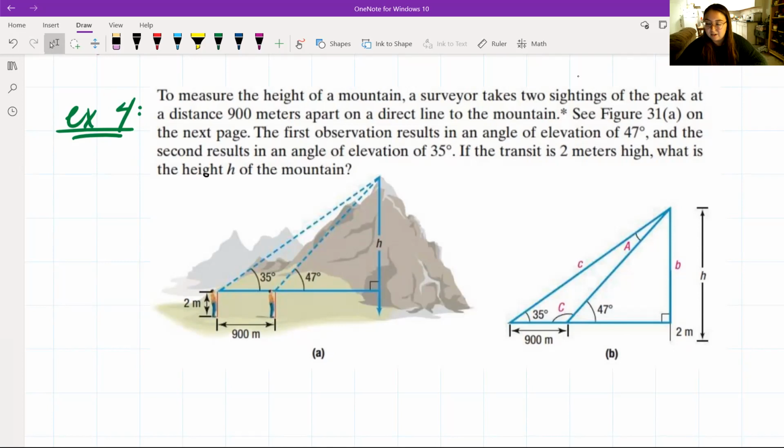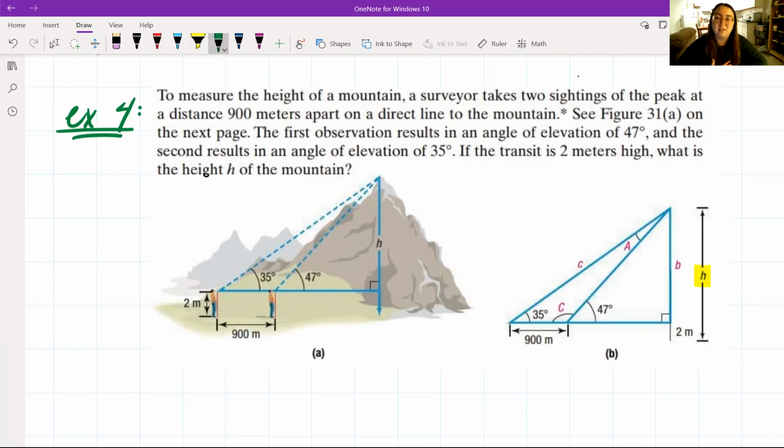Then for figure 31b, we really just have the drawn out version of what's happening in our illustrated version. So it gives us a clearer image of what is really happening here. And our final answer is the height of the mountain. This is what we're going to be looking for.